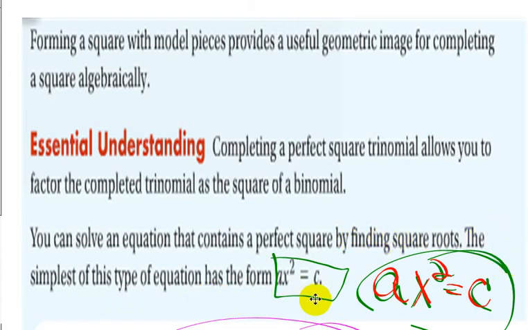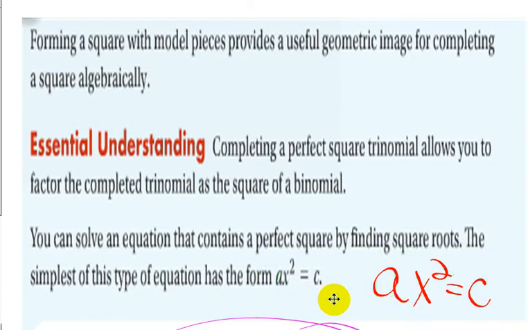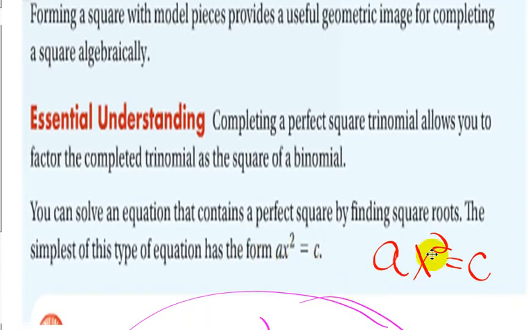So you can solve an equation that contains a perfect square by finding the square roots. The simplest of this type of equation has the form ax squared equals c. So ax squared equals c is what we want to try to get our equations to. In this formula, we're coming from what? ax squared plus bx plus c.